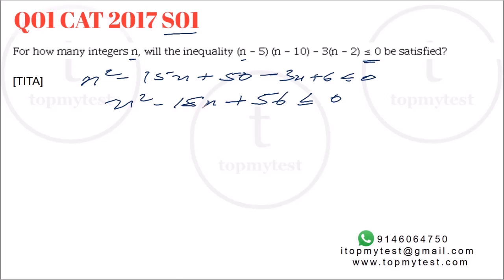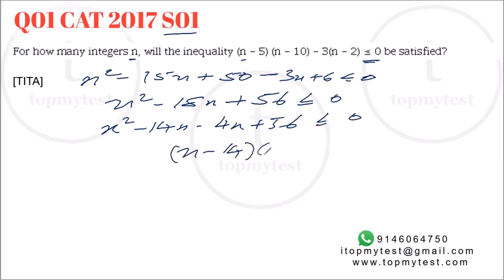Now to split this, 56 is 14 into 4. So n square minus 14n minus 4n plus 56 should be less than or equal to 0. So (n minus 14)(n minus 4) should be less than or equal to 0.